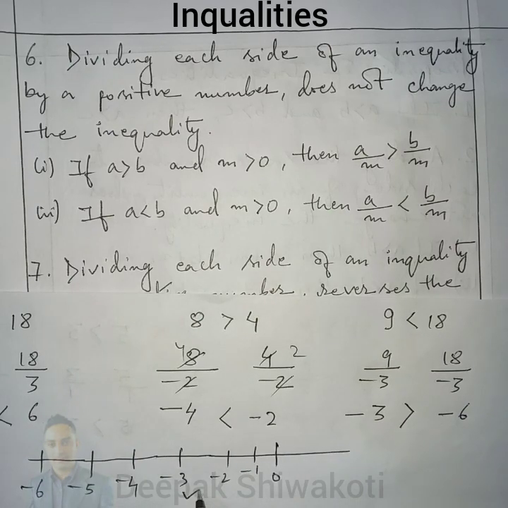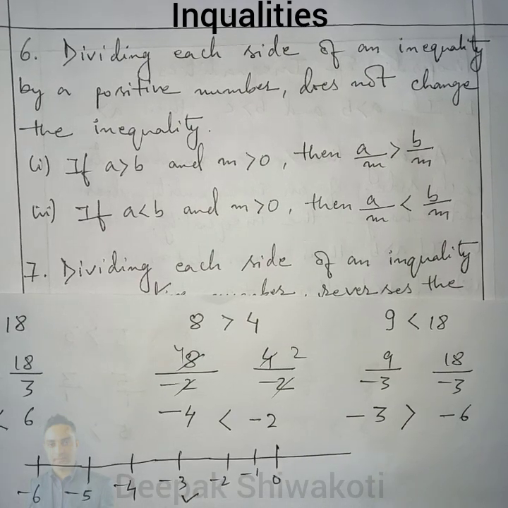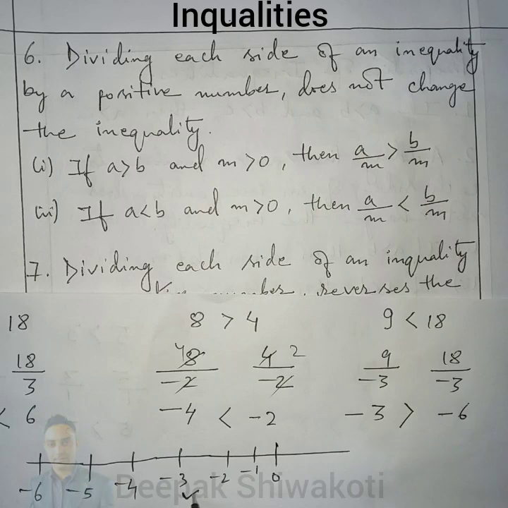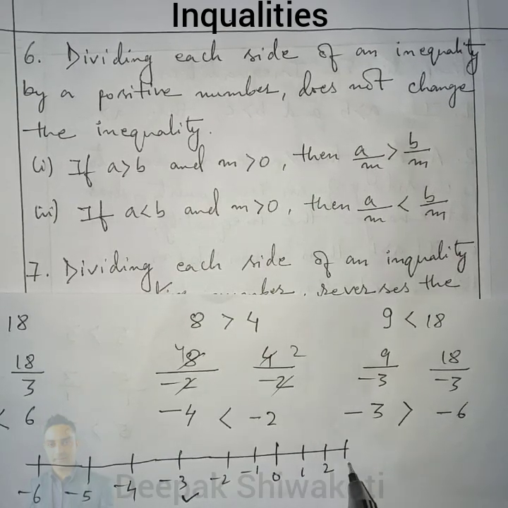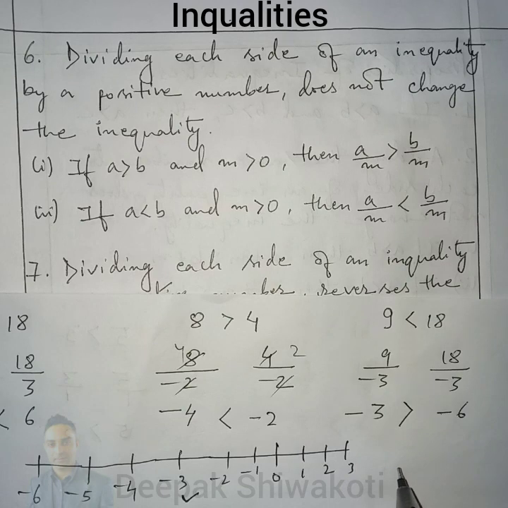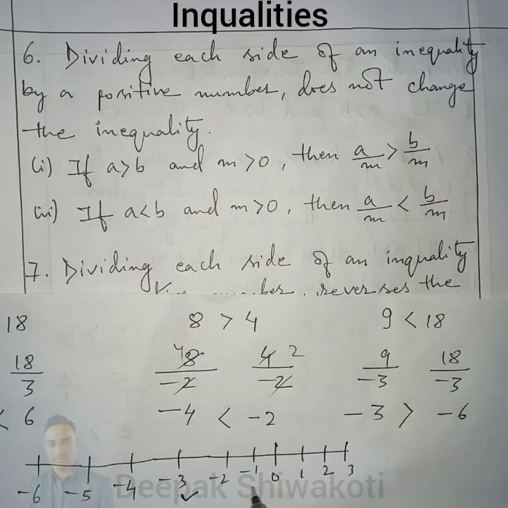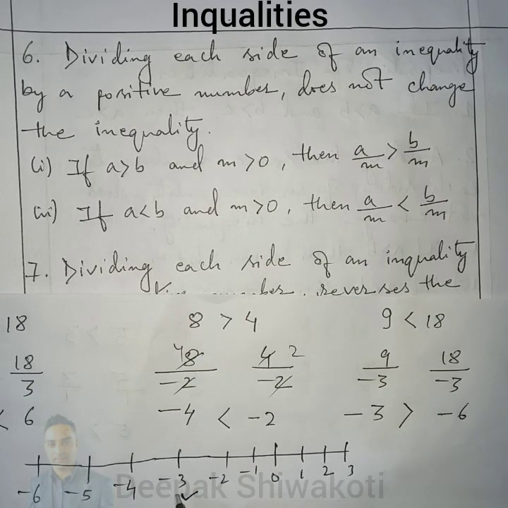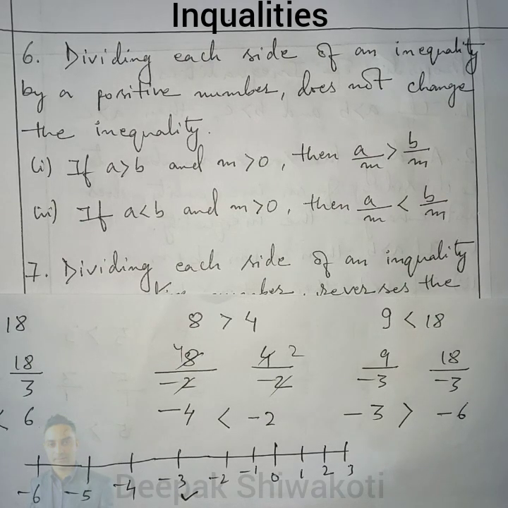So this is greater than this, isn't it? As it is close to 0, this one is greater. Here on the positive side, 1, 2, 3, the values are increasing. On this side of 0, the values are decreasing. So here first we get minus 3, then we get minus 6, so minus 3 is greater than minus 6.